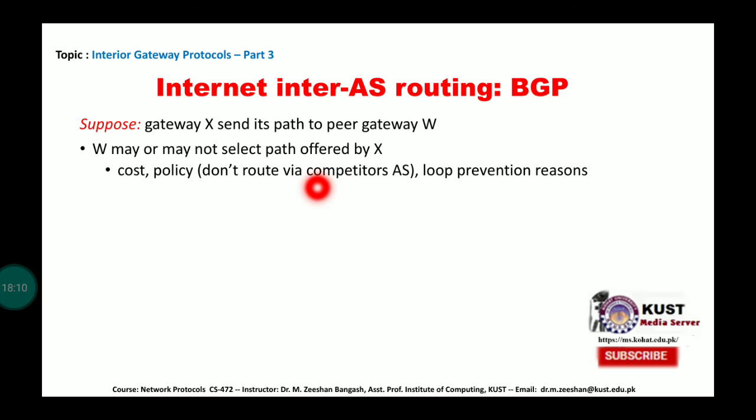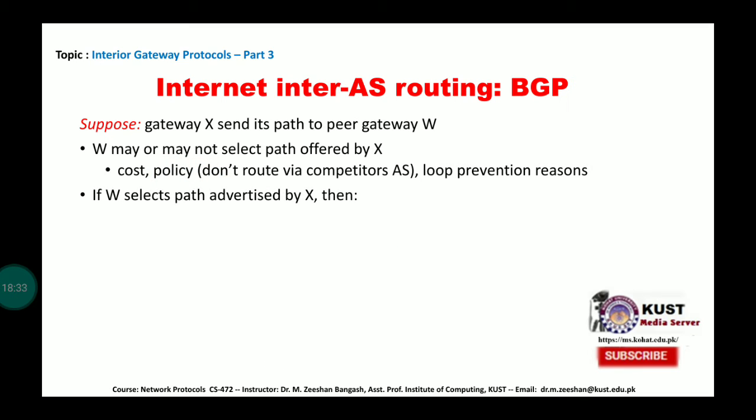It may also be the autonomous system policy set by the administrator that it will not accept path information from the neighboring autonomous system, and that again depends upon the cost it offers during the sharing, which results in it not accepting the information from the neighboring autonomous system.